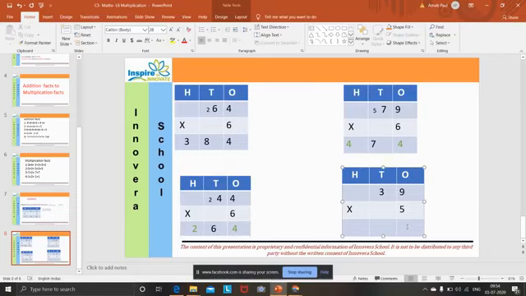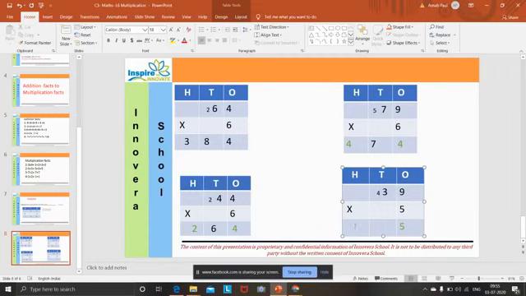Now the next sum. Nine fives are 45. So we will write 5 over here, and we are going to carry 4 at the top.